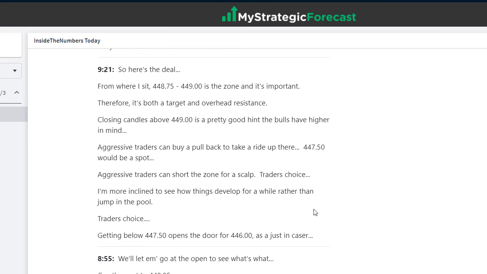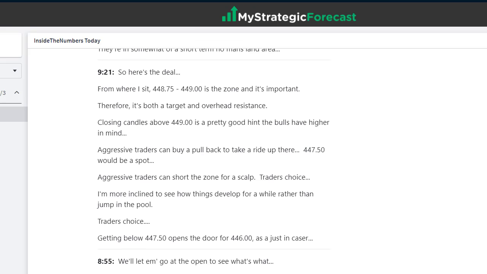Let's see what else we have. So once the opening bell was approaching, we had a possible pullback or run up to retest that important spot. What we're saying here, before the opening bell yet, is 447.50 is a spot that if they pull back to, you could buy the market, and if they run up to 448.50, 75, 85 in that zone, that's a trade.